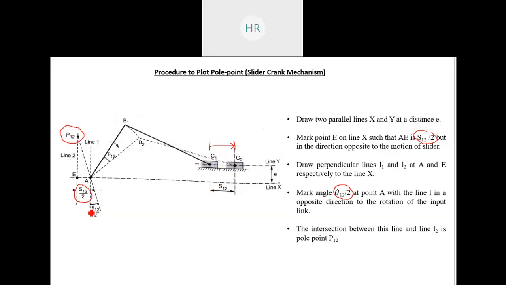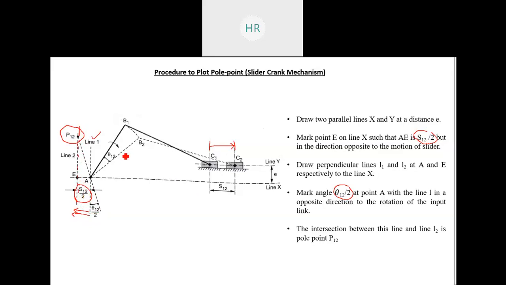So you have to measure S12 by 2 in the opposite direction to it. यहाँ हमारा स्लाइडर है वो राइट साइड पे जा रहा है, तो ये S12 by 2 जो डिस्टेंस है वो मुझे लाइन 1 से लेफ्ट डायरेक्शन में मेजर करना है और वहाँ पे ये वर्टिकल लाइन ड्रॉ करनी है which is passing through E.